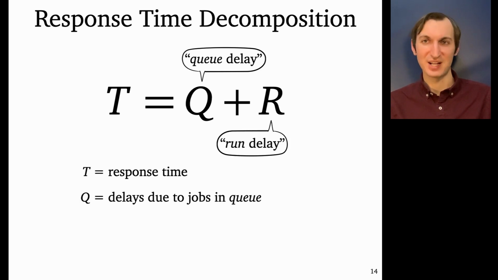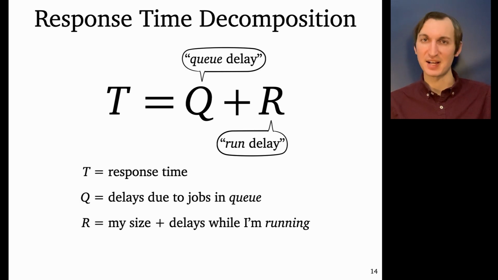R I can think of as my run-based delay. So this includes my own size, that is the time I spend in the server, plus delay due to me getting interrupted while I'm in service, perhaps by new arrivals. So these are the two parts of response time, Q and R. And we're going to use this decomposition to answer both of our questions.